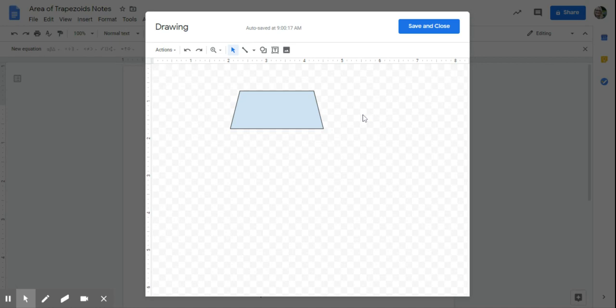So, some things you need to know about trapezoids. First, the word is crazy looking, but it's basically a rectangle, but the sides go out just a little bit. That's really the only difference. The height is pretty easy to find.